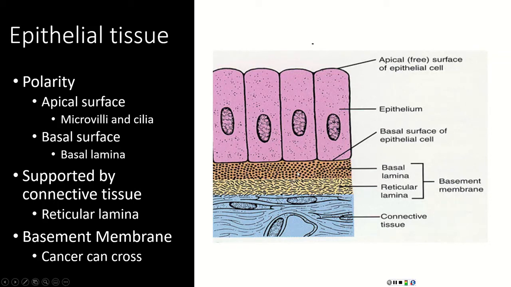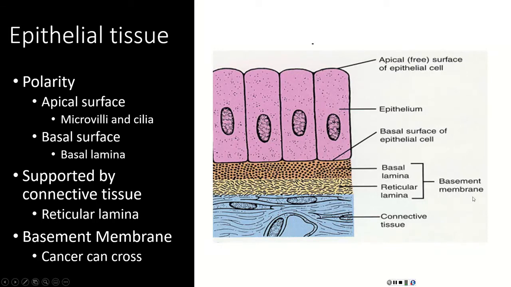And the basal lamina and the reticular lamina will grab hold of each other like Velcro. And what that does is it allows the epithelial tissue to be anchored to whatever is deep to it. The basal lamina and the reticular lamina act like Velcro. And these two lamina together make up what we call the basement membrane.